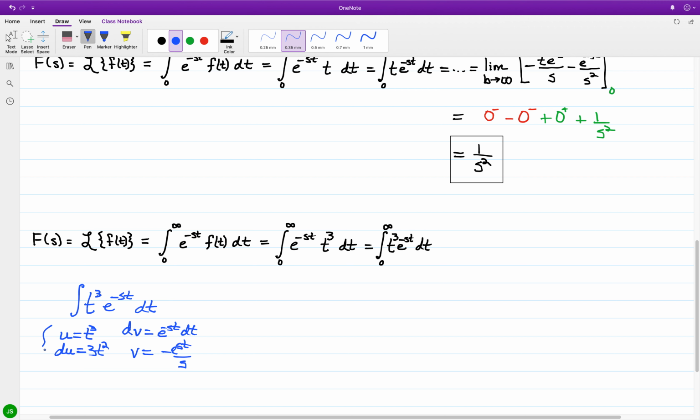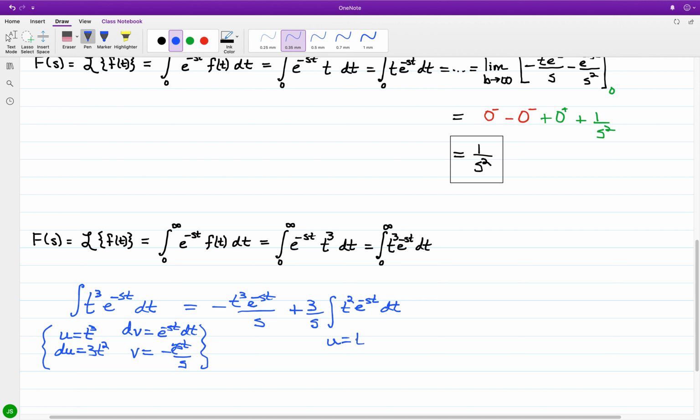All right, so integrating by parts, with u times v we have negative t cubed e to the negative st over s, and subtracting the integral of v du, this will translate to plus 3 over s times the integral of t squared times e to the negative st dt.